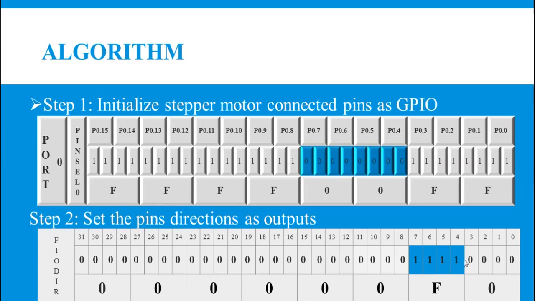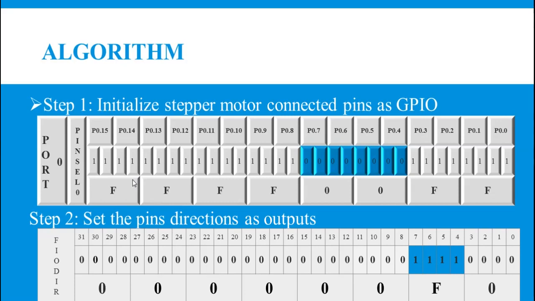Those positions must be made as 1, 1, 1, 1, and the remaining positions must be padded with 0. So the value is 0x000000F0. This value should be ORed with the original content of the FIO register. Thereby you are ensuring only these 4 pins' direction has changed to output, and the remaining pins' direction will be unaffected.